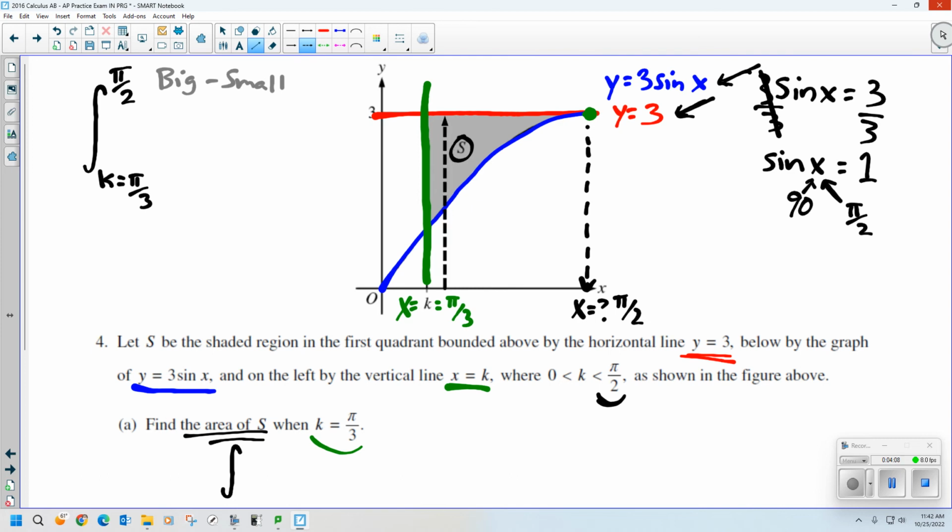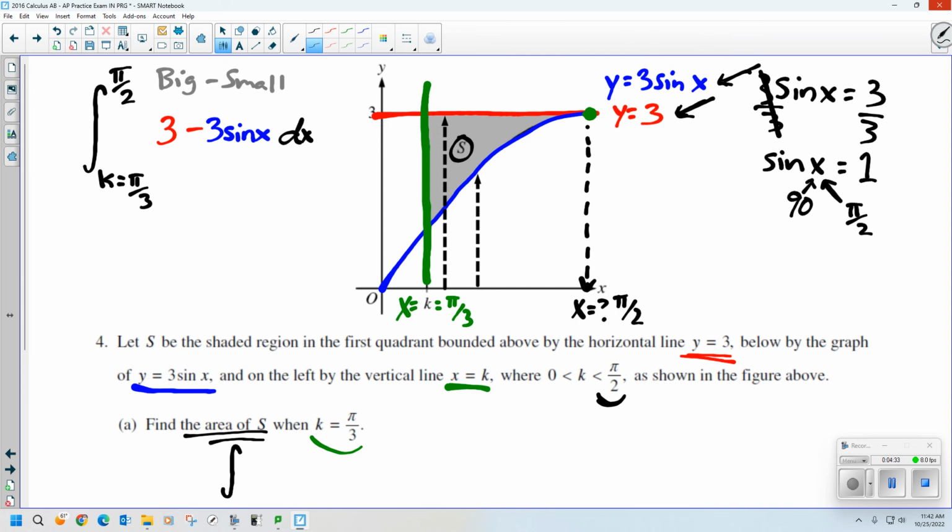In this case, it's the red line, y equals 3, minus the smaller function, the one closer to the y-axis, the blue one, 3 sine of x. Don't forget we need dx anytime we integrate. They can take points off.